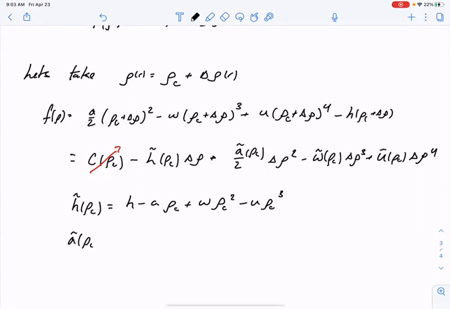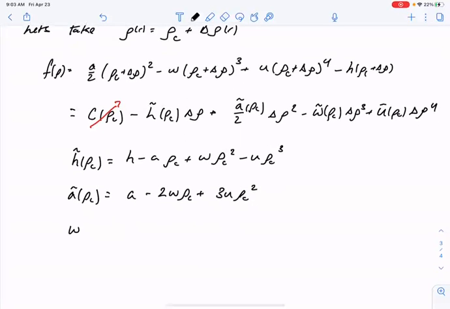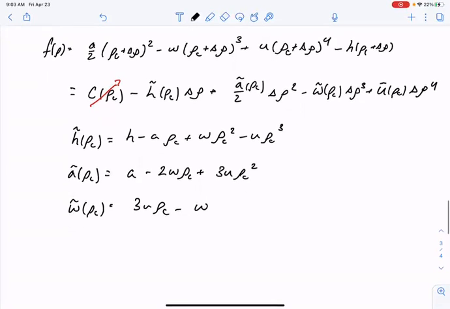A tilde of rho c is something that goes like a minus twice w rho c plus 3u rho c squared. W tilde of rho c is 3u rho c less w. And u tilde of rho c is just u.